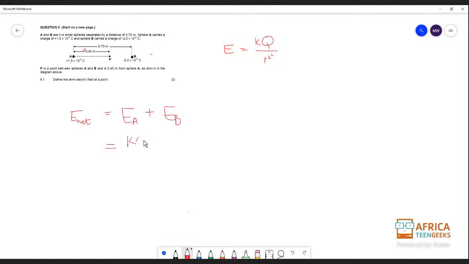So E equals K Q of A over R squared plus K Q of B over R squared.